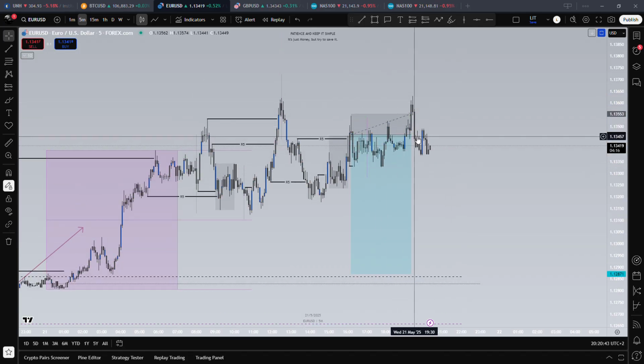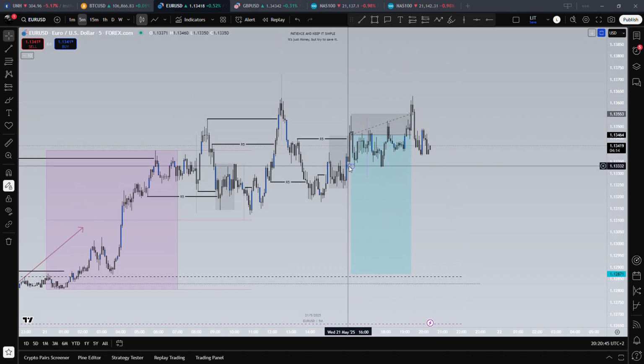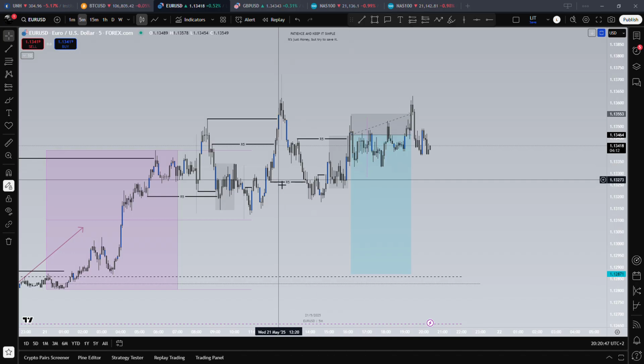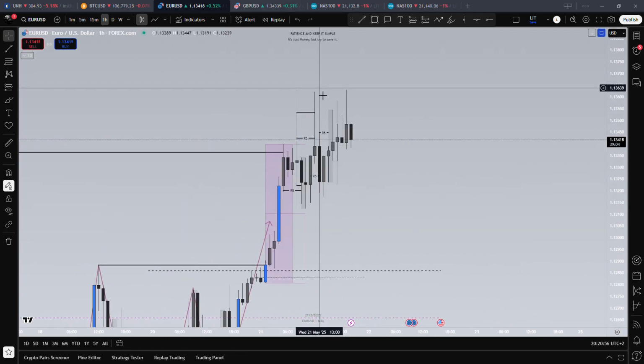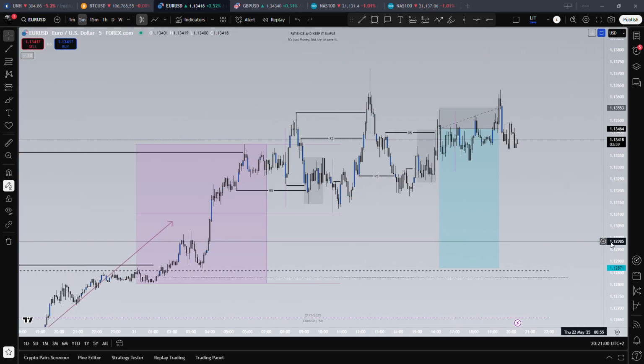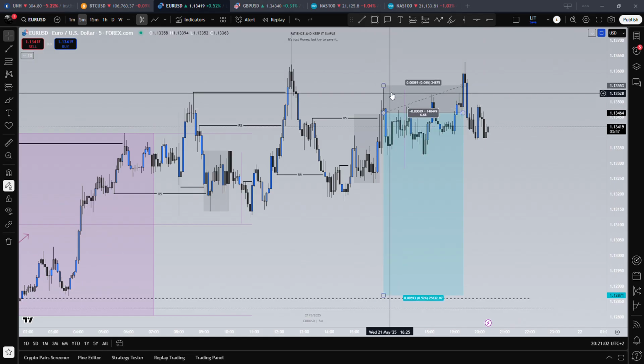But I'm not sure about that, okay? Because we had the break of structure here after taking raw liquidity, but the raw liquidity was here. If I saw this, okay, I don't think I would have entered, but I'm not sure I would have seen this, okay? So I have to consider that I would have entered here.